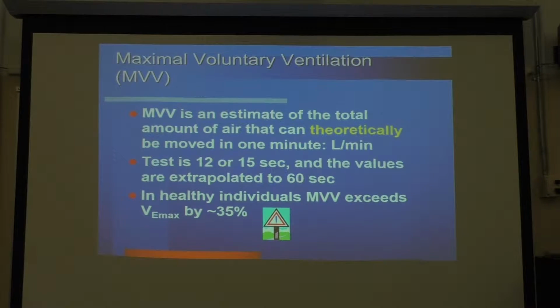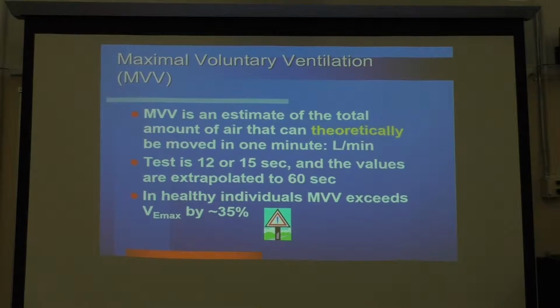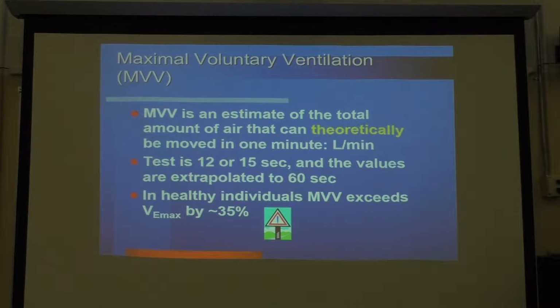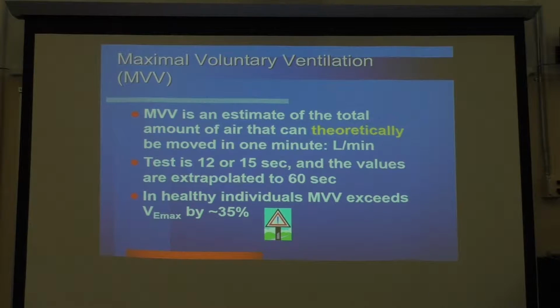So here's the thing. If during maximal intensity exercise you have to get off the treadmill, and your VE max, the amount of air you were taking in and out of your lungs when you stopped exercising because you couldn't push yourself anymore, was 150 liters per minute.